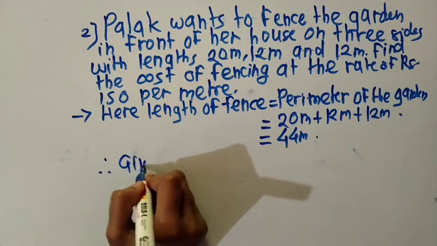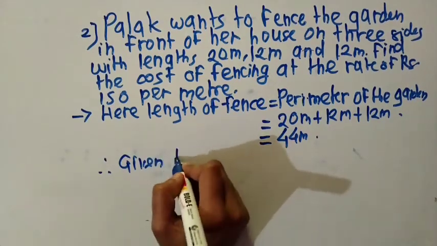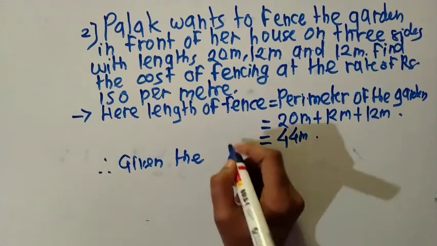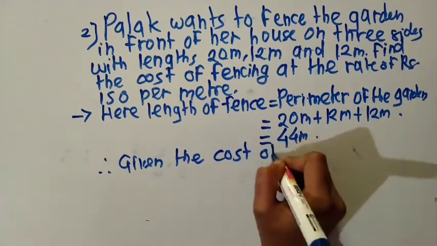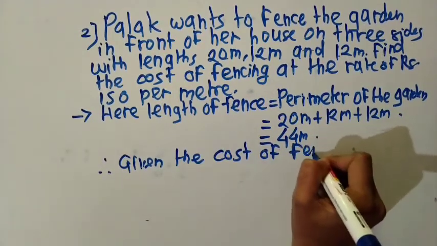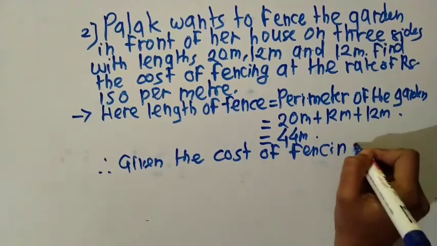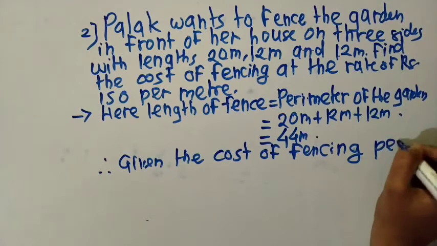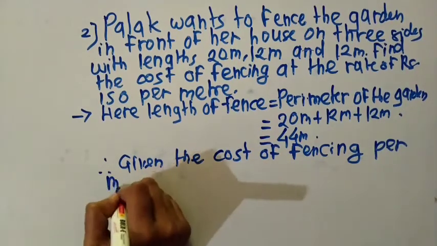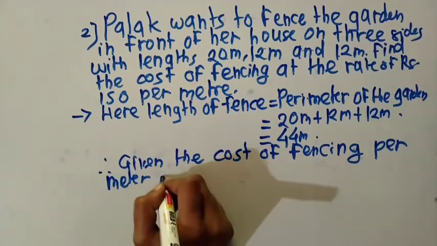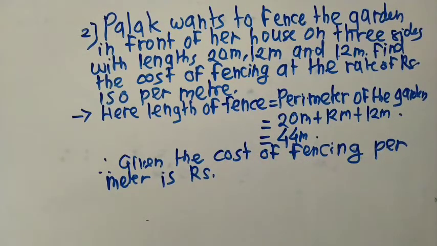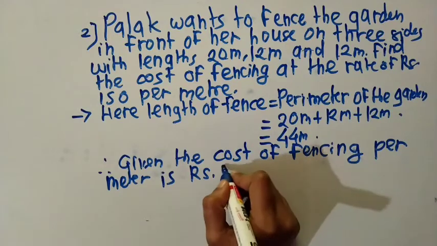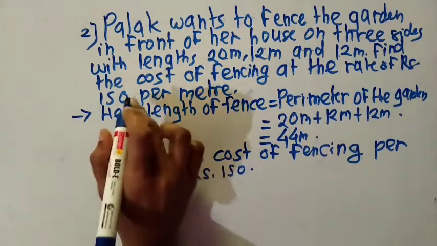Hence, given the cost of fencing per meter is Rs 150.